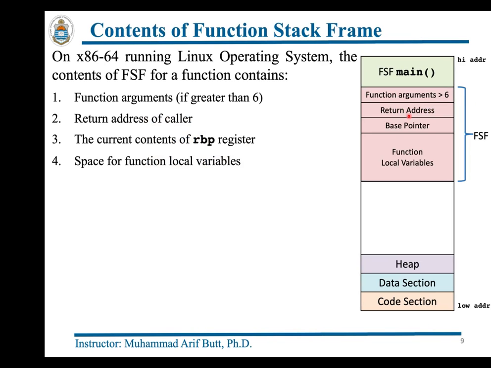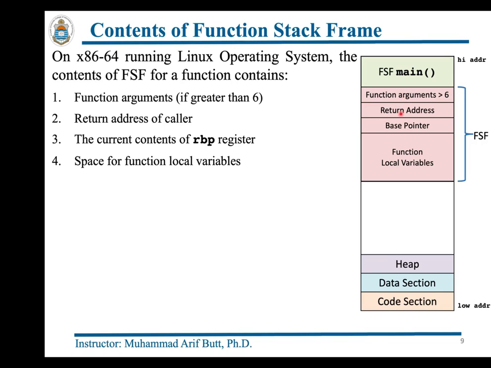So well, dear students, this slide shows the contents of a single function stack frame on an x86-64 machine running a Unix-based operating system. This function stack frame contains four major items. The initial 6 arguments are passed via registers, and if there are more than 6, the function arguments are pushed on the stack.